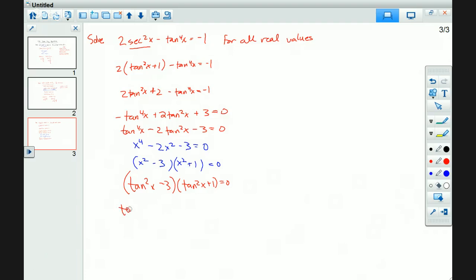Tan squared minus 3 is 0. That means tangent is root 3, positive or negative. And then plus 1 equals 0, so that means tan is positive or negative root negative 1.